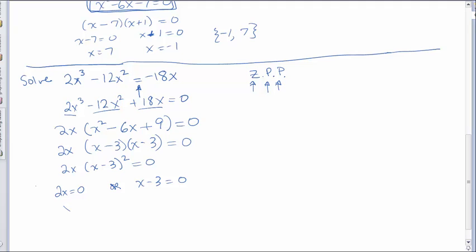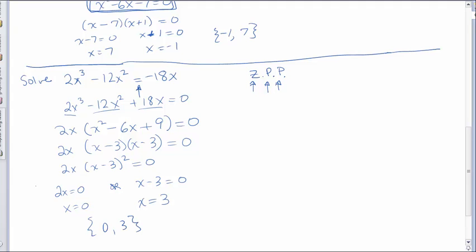So this one is going to give me a solution of 0. This one's going to give me a solution of 3. Sometimes people ask, do I need to write this one down? Well, it's going to give you the same solution, so since it's not giving you anything new, you don't have to write it down again. So I have two solutions, 0 and 3.